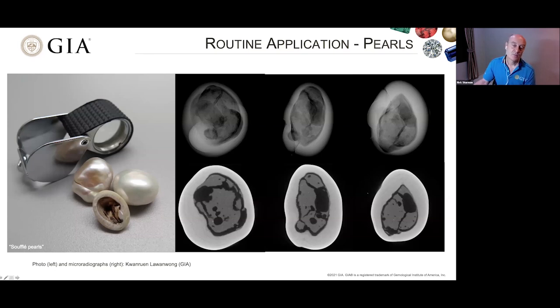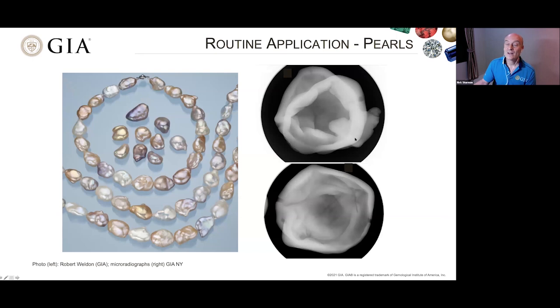So when these were supplied to us for analysis, we were told that they actually used mud as a basis, as a nucleus, if you like, to produce these pearls. And that means that when they are drilled and used in items of jewelry like these necklaces here, it's pretty obvious that the filling material is going to come out.